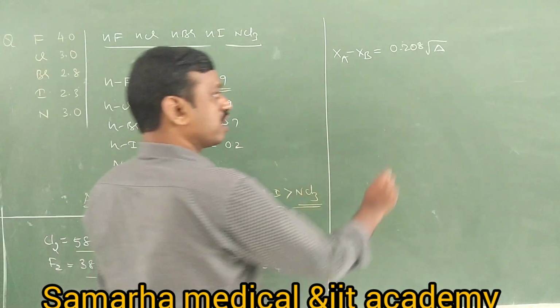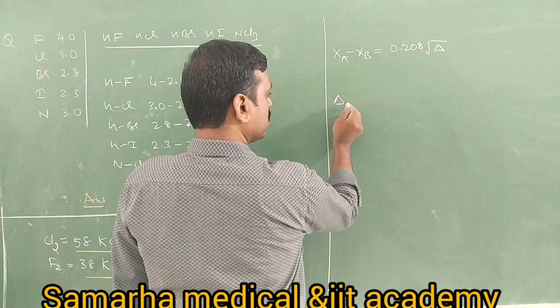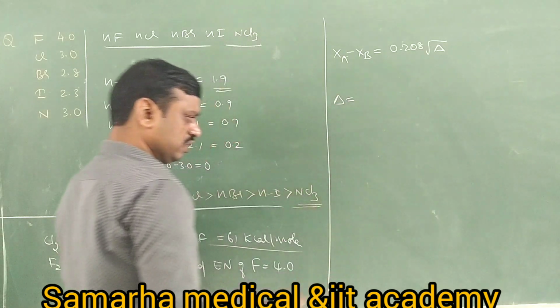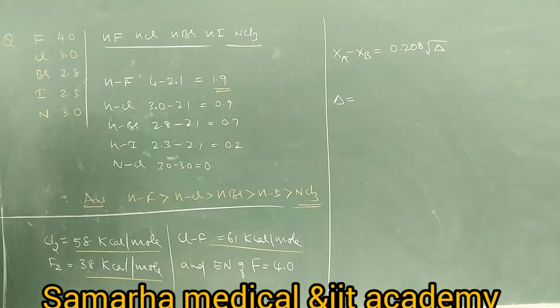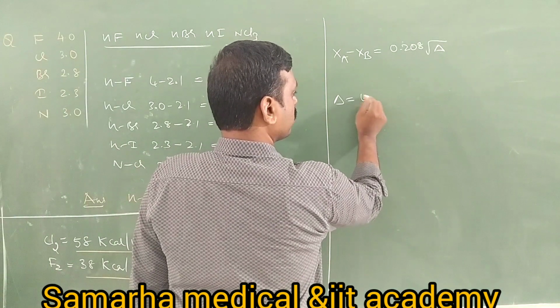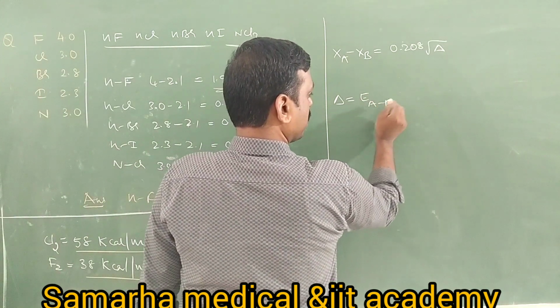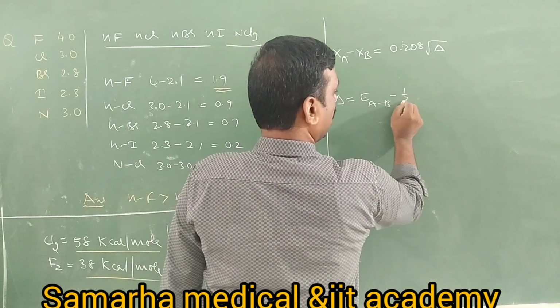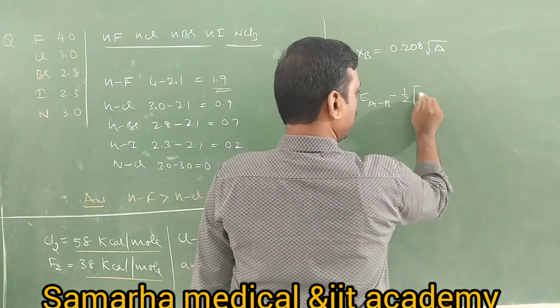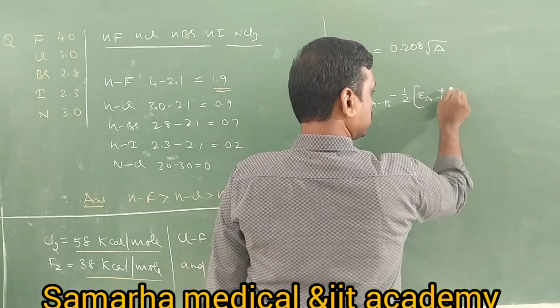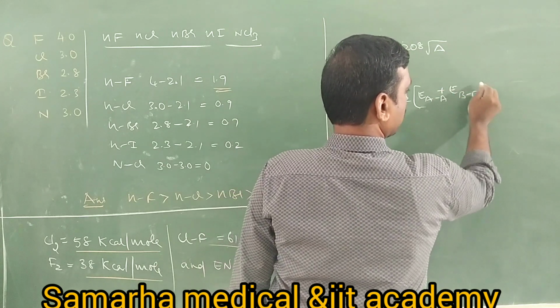How do you calculate delta? Delta is the experimental bond energy minus the calculated one, but here it is not experimentally given. There is another formula: delta equals the bond dissociation energy of EAB minus half of (EAA plus EBB).